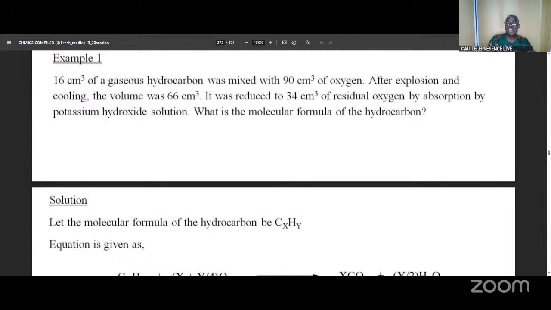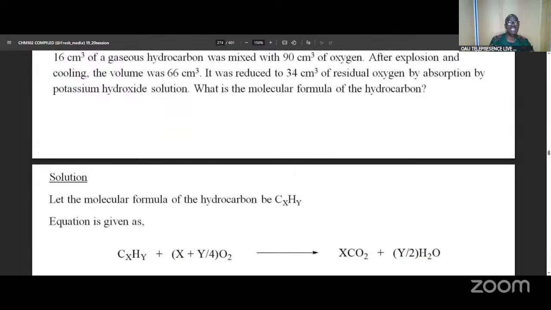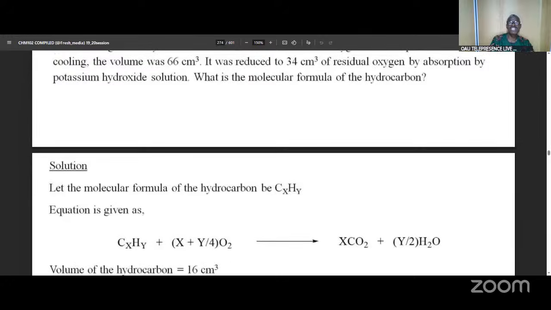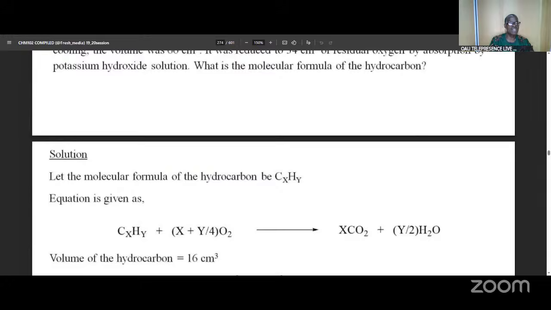After explosion and cooling, the volume was 66 cm³. It was reduced to 34 cm³ of residual oxygen by absorption with potassium hydroxide solution. Then what is the molecular formula of the hydrocarbon?